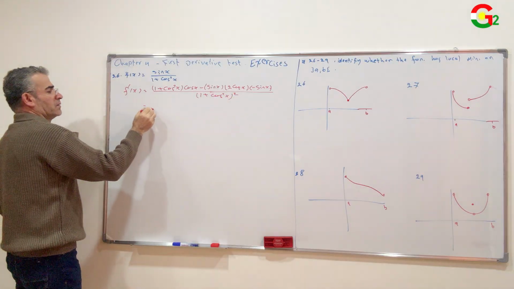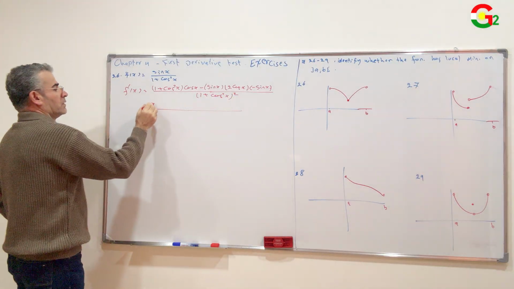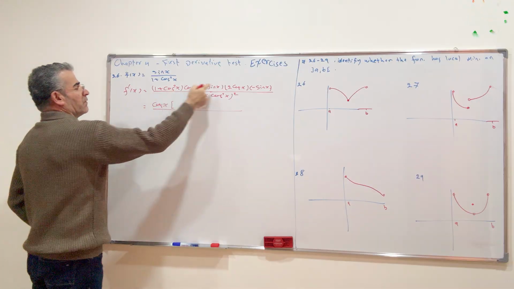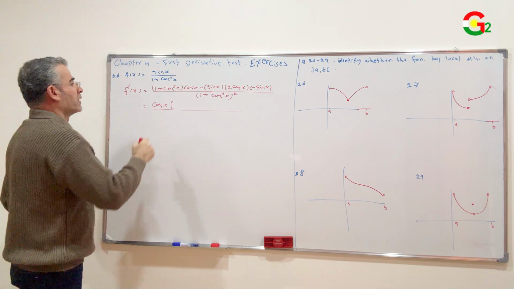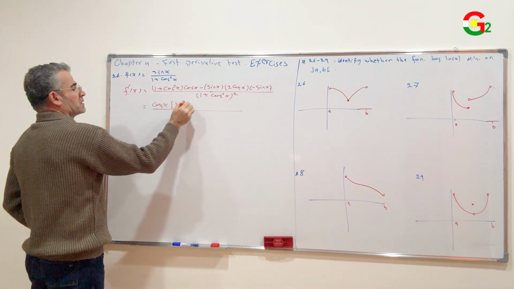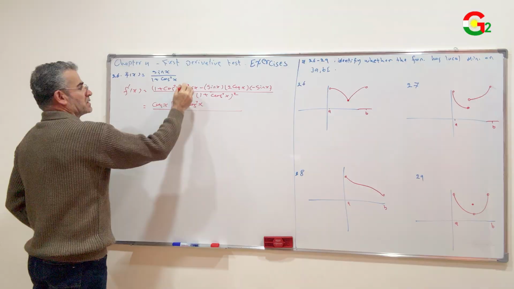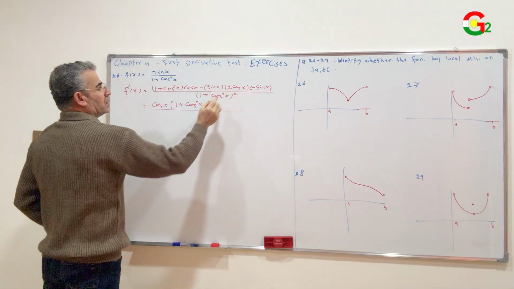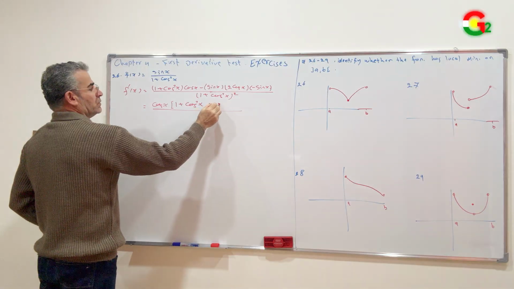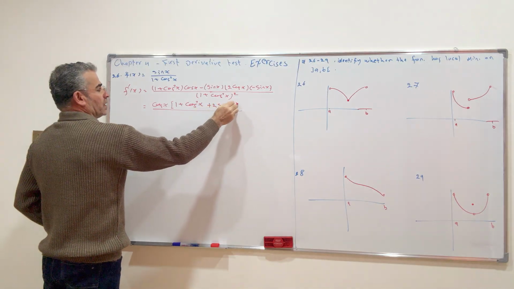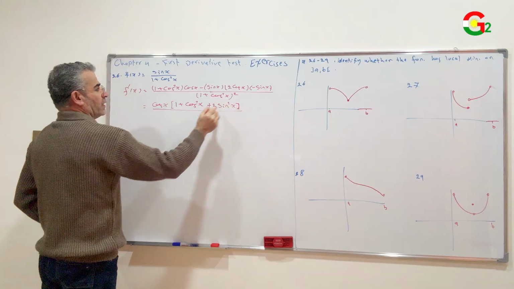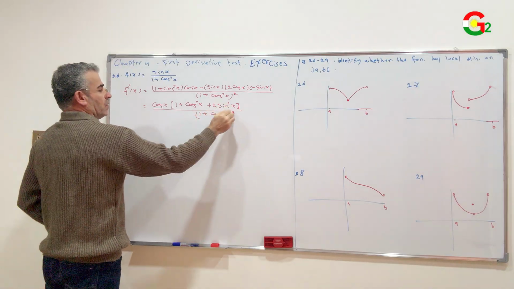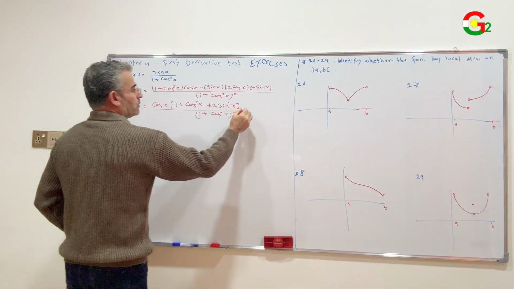Simplify this derivative. Factor out cosine x from the two terms in the numerator: cosine x times 1 plus cosine square x, plus 2 sine square x, over 1 plus cosine square x all square.